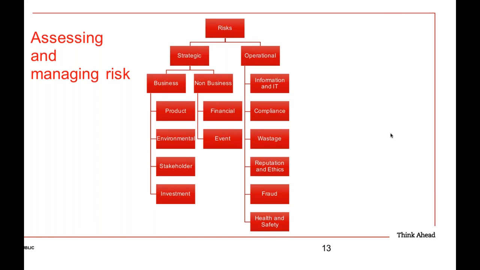Once you are looking into this, you will know which type of risk you will prioritize and how you are going to treat different types of risk. That's the purpose of mapping it out.